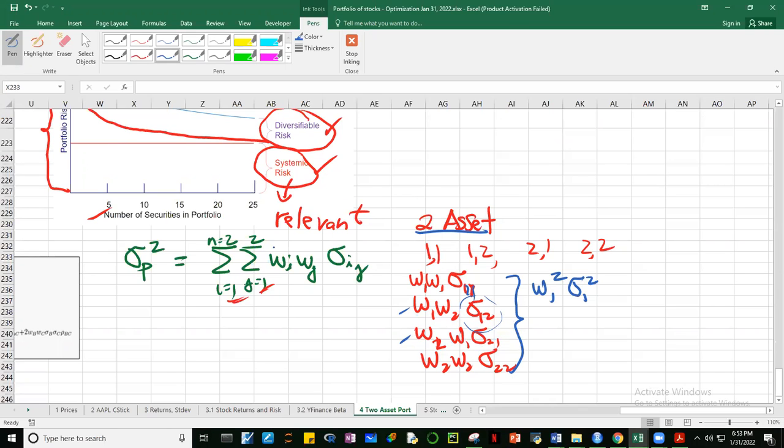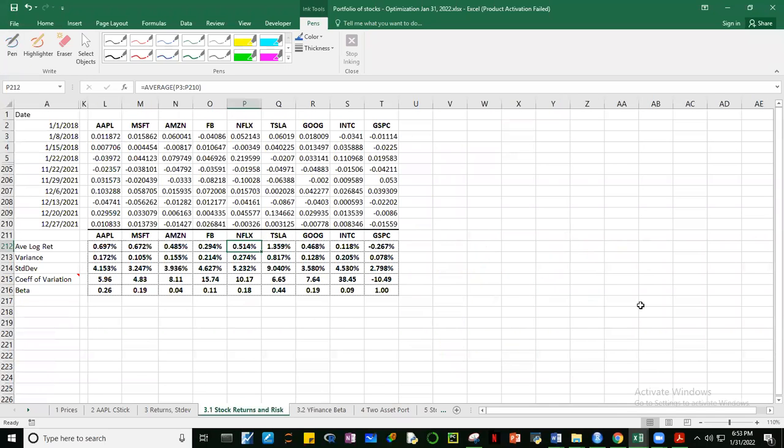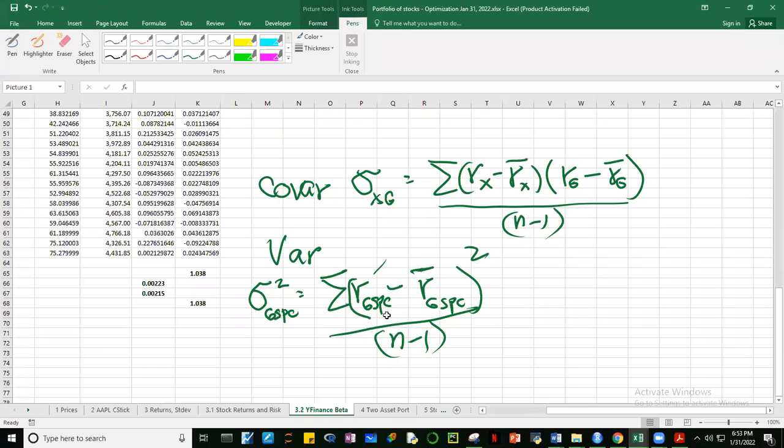Kasi ang formula ng covariance, guys, you're getting the cross product of the deviations. Cross product lang. Kahit pagpalitin natin to, mauna man yung Rx minus R bar X kaysa sa Rg minus R bar G, pareho lang, guys, yung covariance ni XG at saka covariance ni GX. They're the same.